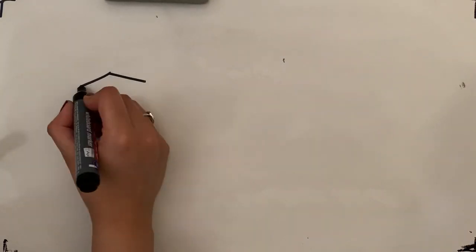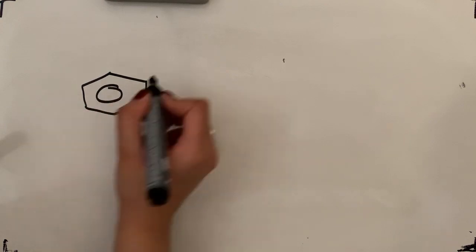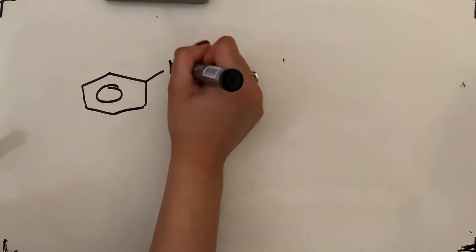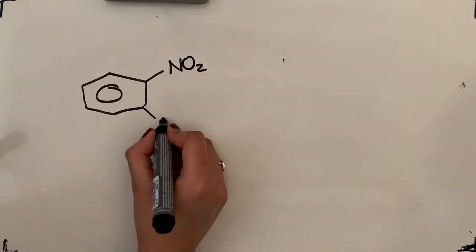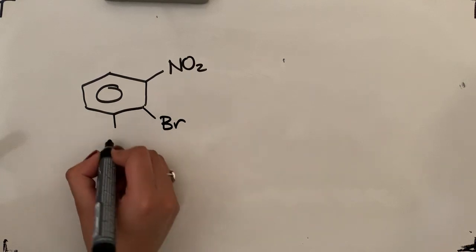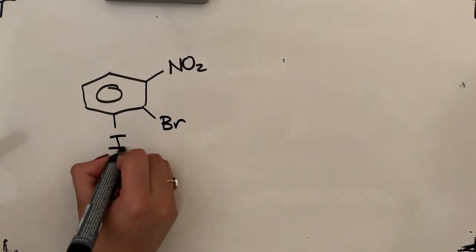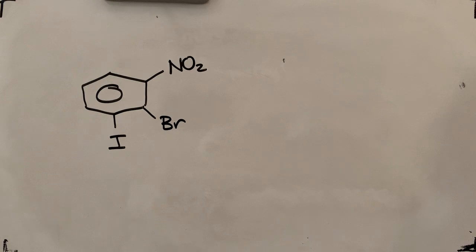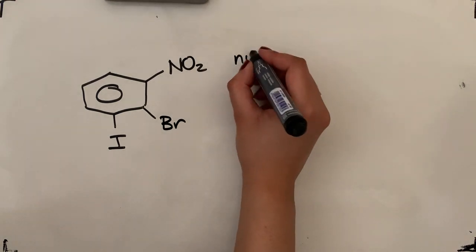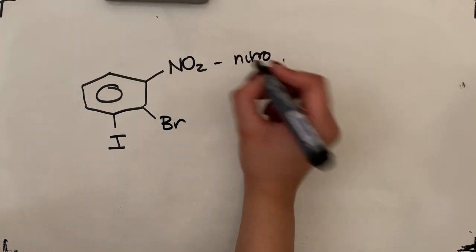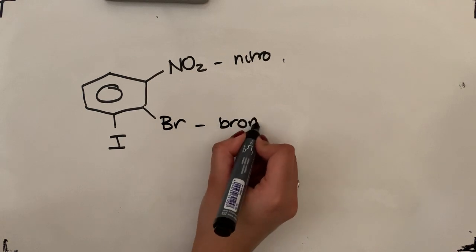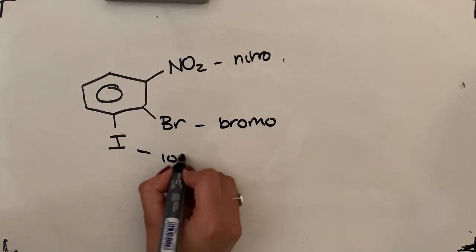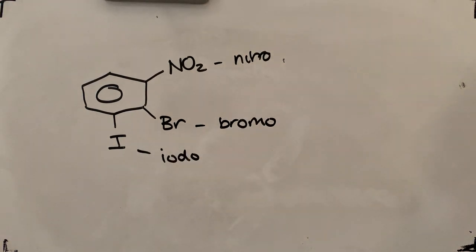Okay, let's now have a look when we have 3 substituents. So in this one, we've got nitro, we've got bromo, and we've got iodo.